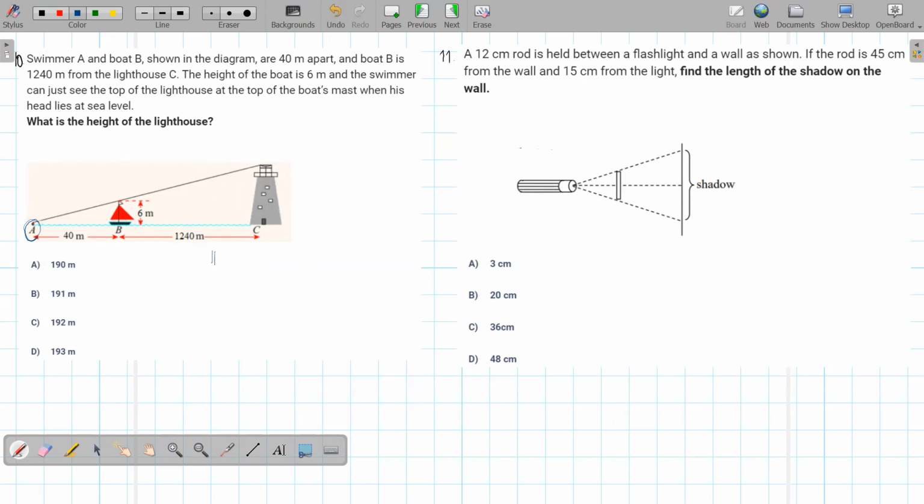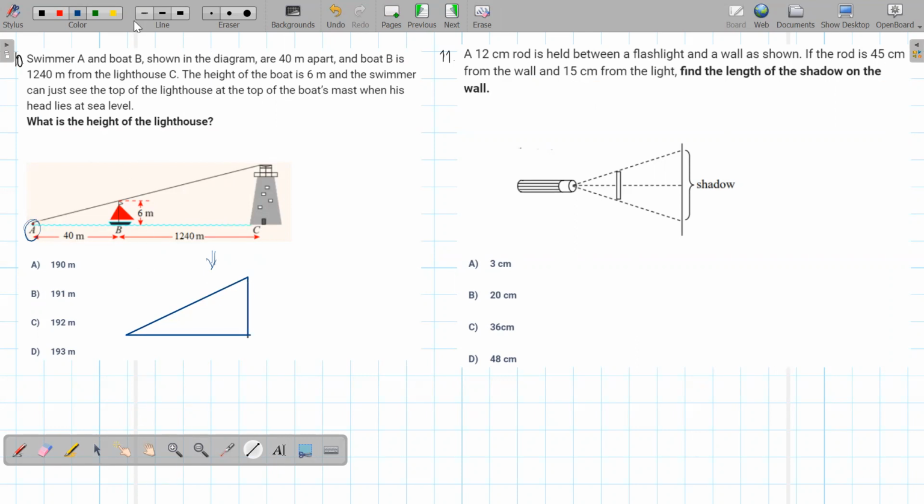So if I make an illustration of this story, it will give me triangles. Let me show you. First I have the view from A to the top of the lighthouse. And then I have this, and then this.